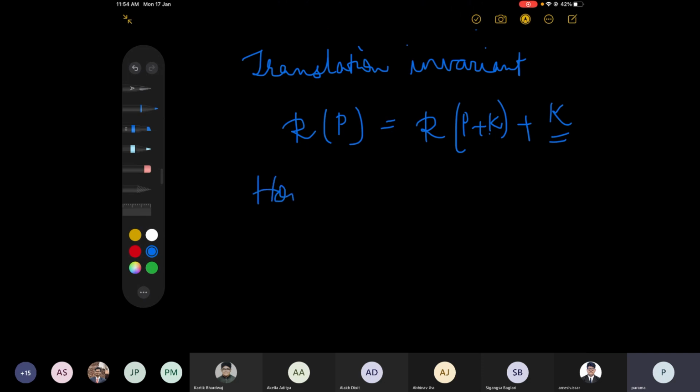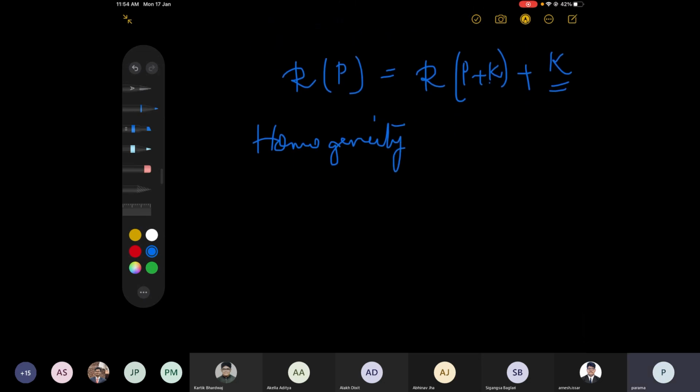The third thing that we have is homogeneity. If you have a portfolio P and a portfolio K times P, then the second portfolio should be K times as risky as the first.